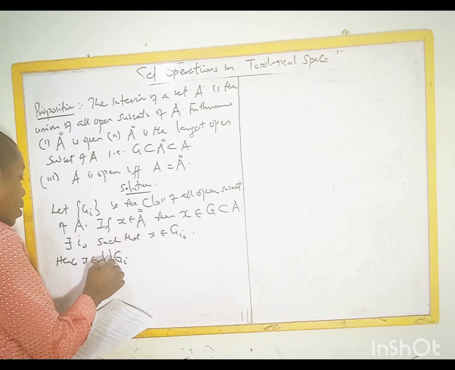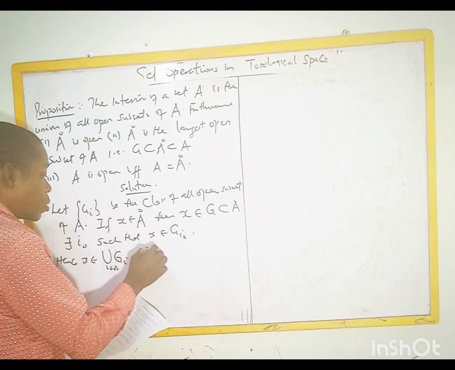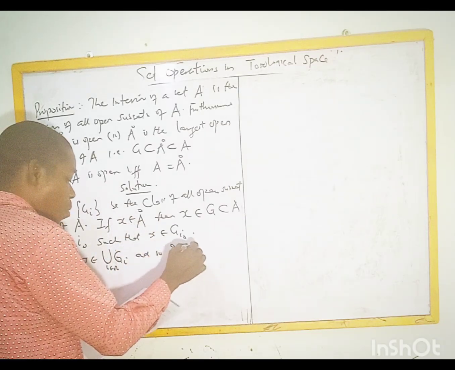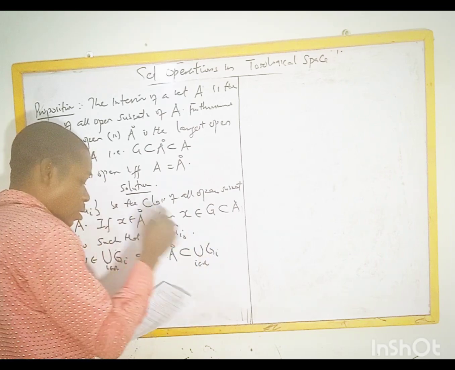That is, the union over i in omega of G_i. Then the interior of A is a subset of the union over i in omega of G_i.